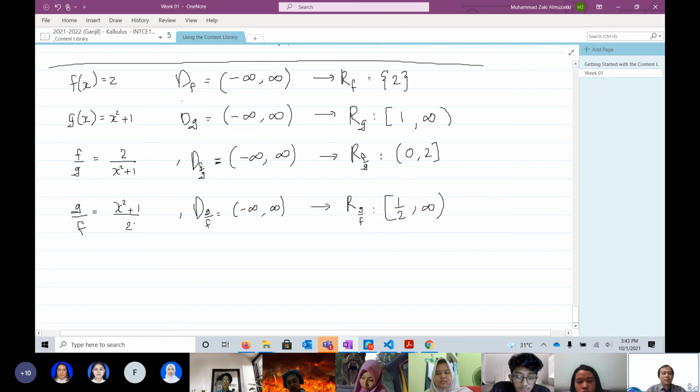That's why even if we divide it by 2, the value remains infinity.